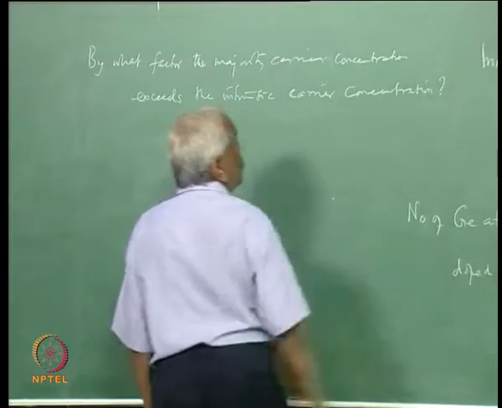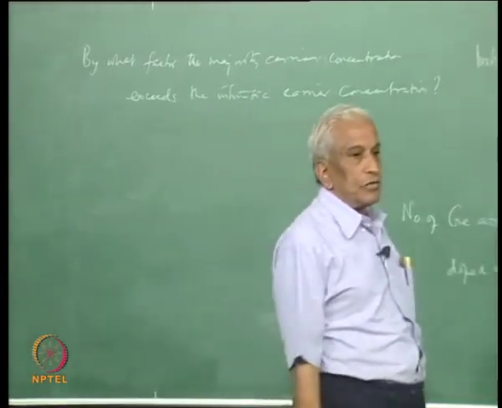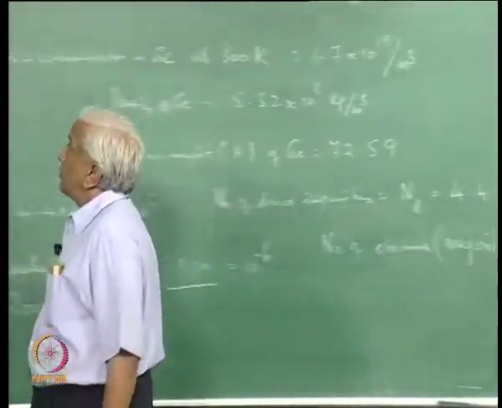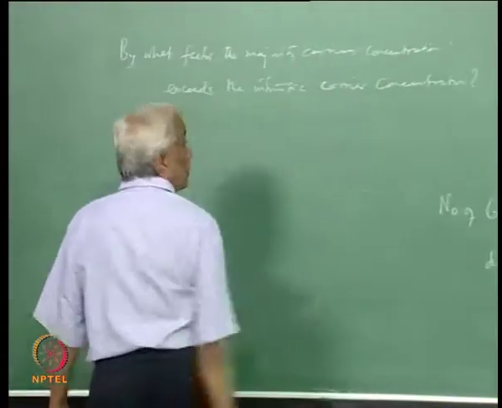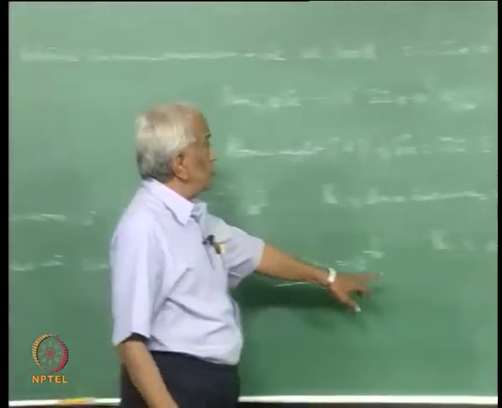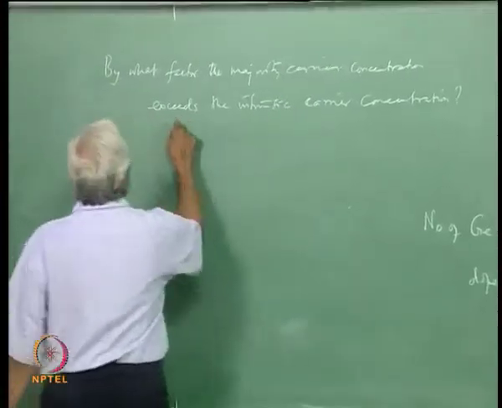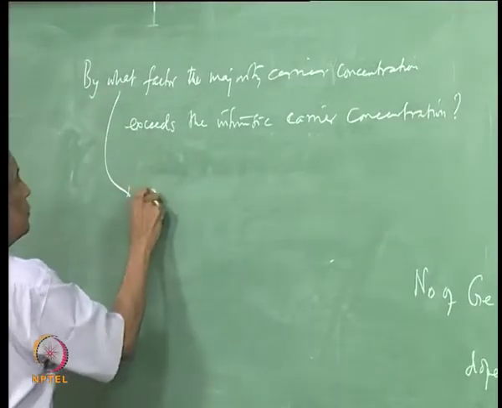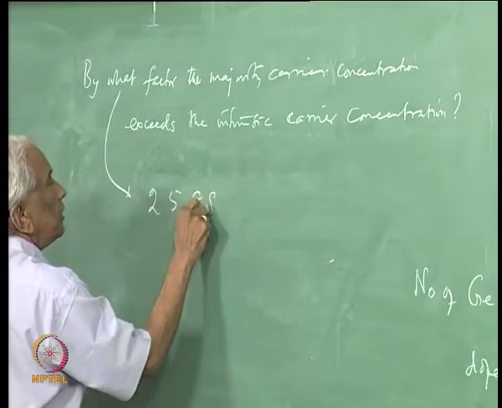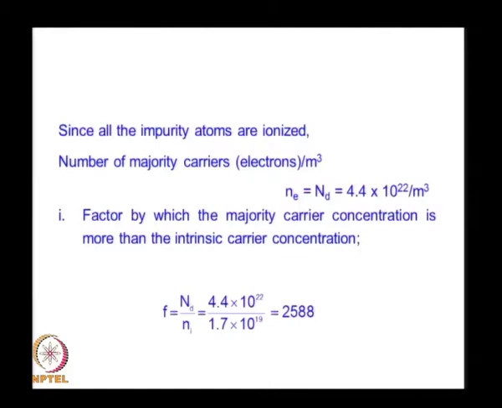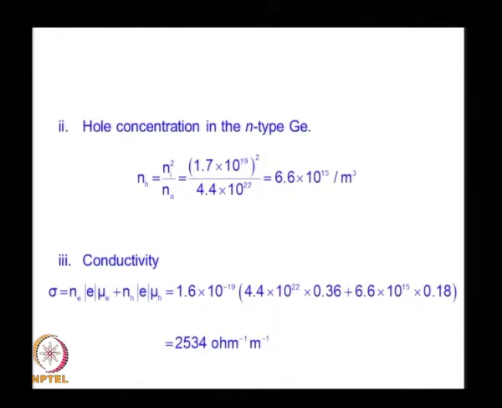All we have to do is, we are given the intrinsic carrier concentration and we have determined the majority carrier concentration, namely that of electrons. So, we divide one by the other and get this factor as 2588. There are 2588 majority carriers for each intrinsic carrier.